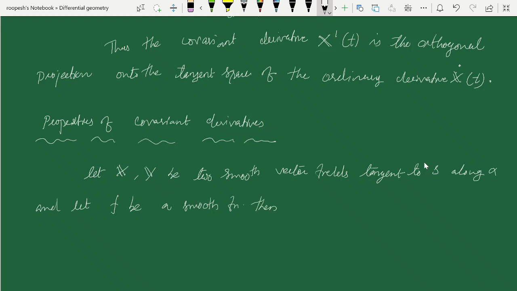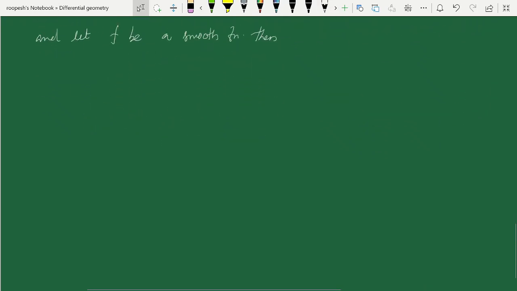Then property number 1. So X and Y are smooth vector fields tangent to S along alpha and f is a smooth function. Then the first property is: the covariant derivative of the sum of two vector fields, (X plus Y) dash, is nothing but X dash plus Y dash.